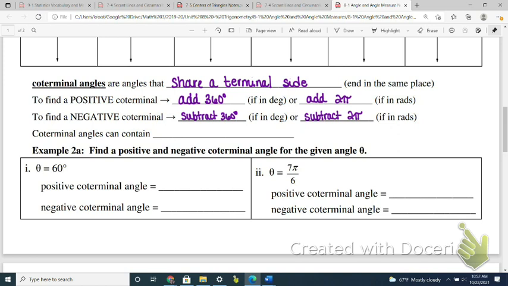So coterminal angles are angles that contain multiple rotations. If I draw this out, they're going to go around more than once, and I will show that using a spiral.